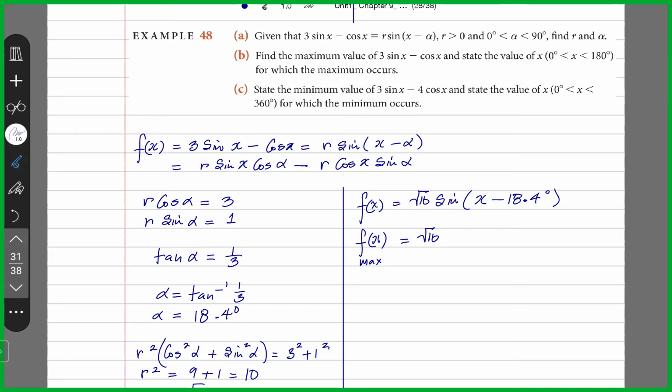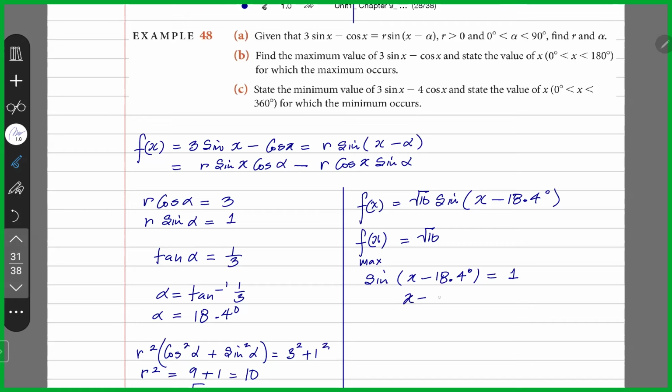And we're asked to state the value of x between 0 and 180 degrees for which the maximum occurs. Remember, f of x is a maximum when sine(x minus alpha) is equal to 1.